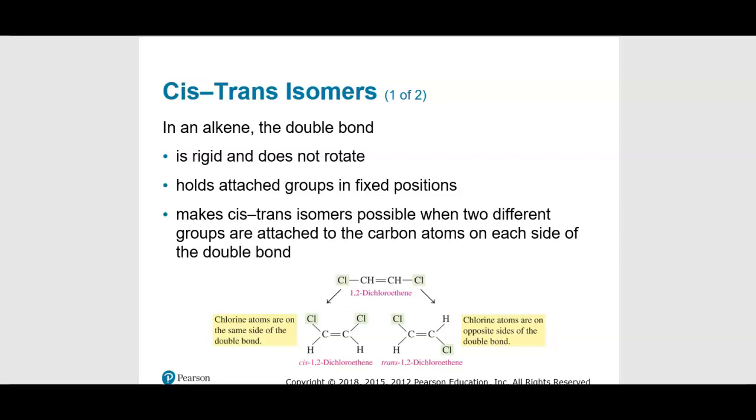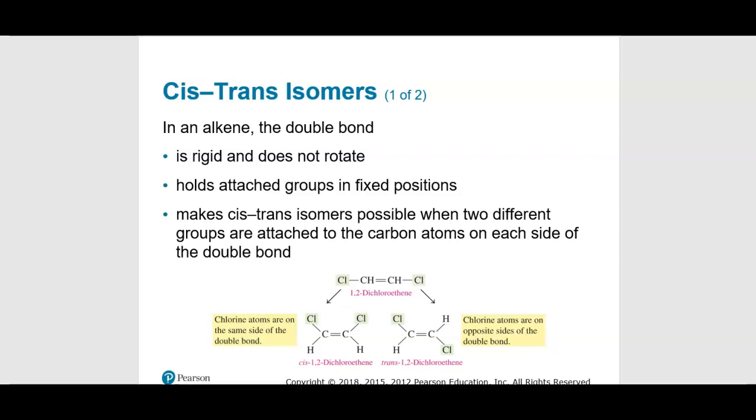Anytime you have a situation where, well, here we have a fairly simple one: 1,2-dichloroethene. Each carbon atom has two different substituents on it. Each carbon atom has a hydrogen and a chlorine attached to it.